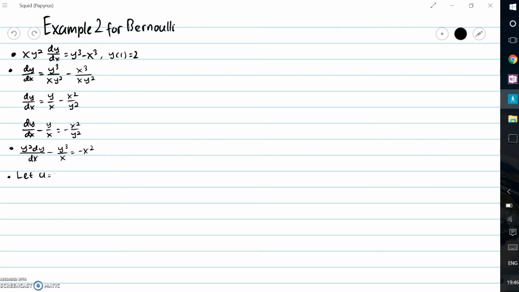Now we can let u be y cubed and calculate du over dx. We substitute it into the equation, making everything in terms of u and x. Now it's a linear equation. To isolate du over dx, we multiply both sides by 3.